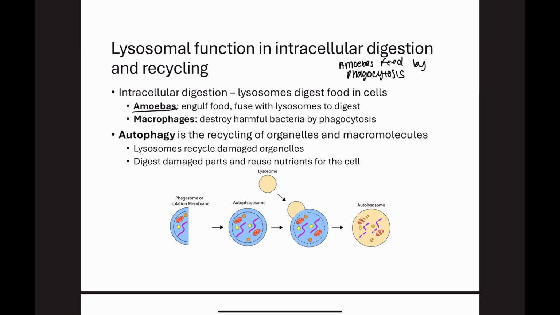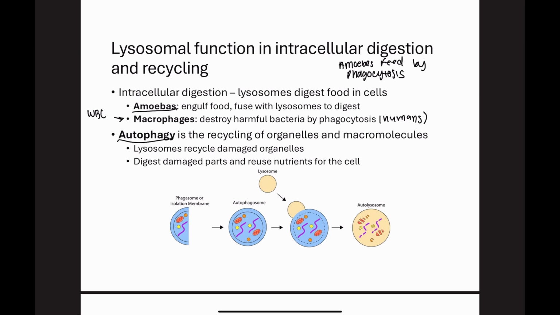But in humans, we have something called macrophages. And macrophages are white blood cells. Those white blood cells use phagocytosis to destroy harmful bacteria and defend the body. So autophagy is the recycling of organelles and macromolecules. Our lysosomes help in the recycling of the cell's organelles and macromolecules through a process, and that process is autophagy.